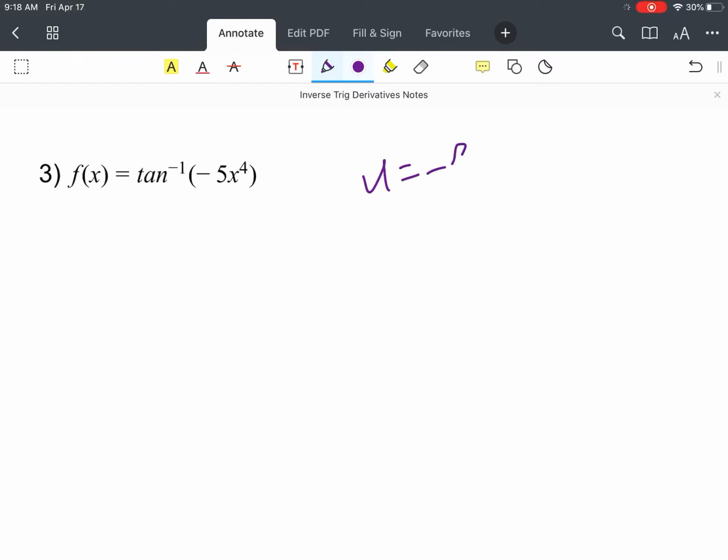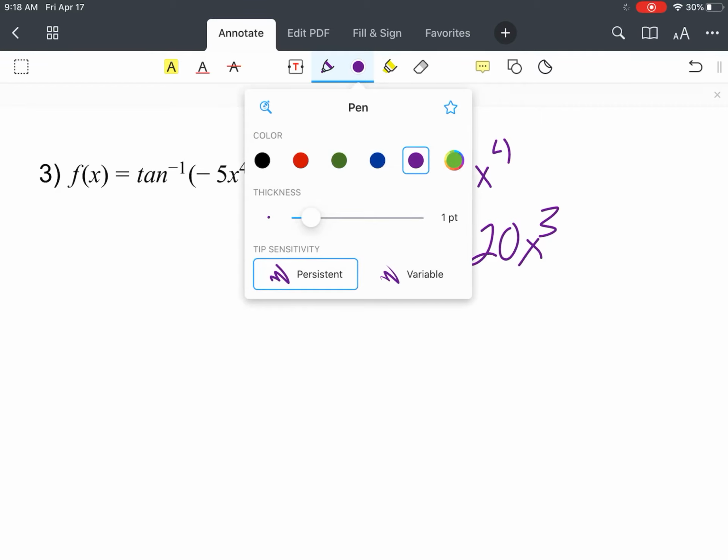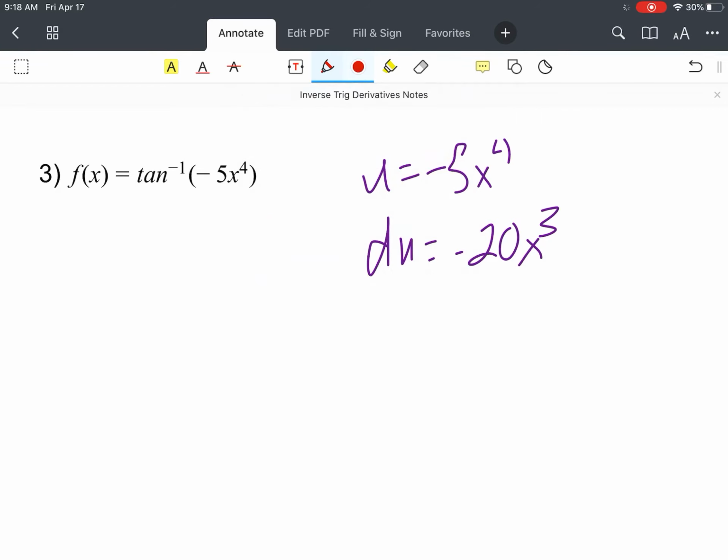All right. Lastly, arctan. Now this one's a little bit different. So if I wanted to take this derivative, my u would be the negative 5x to the 4th. My du would be the negative 20x cubed. Okay. So if I wanted to find the derivative of arctan, you put the derivative of the inside on top, so that's negative 20x cubed.